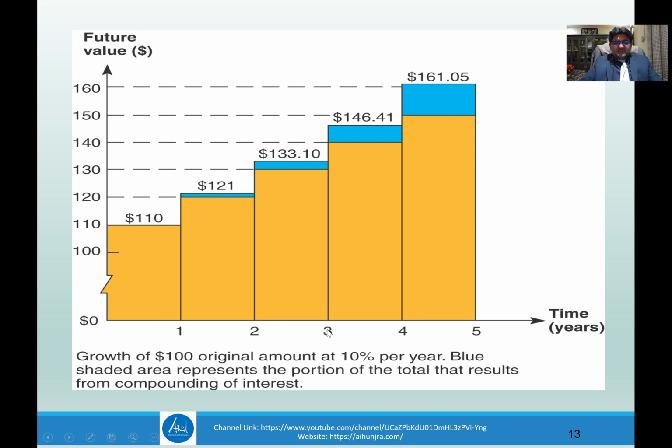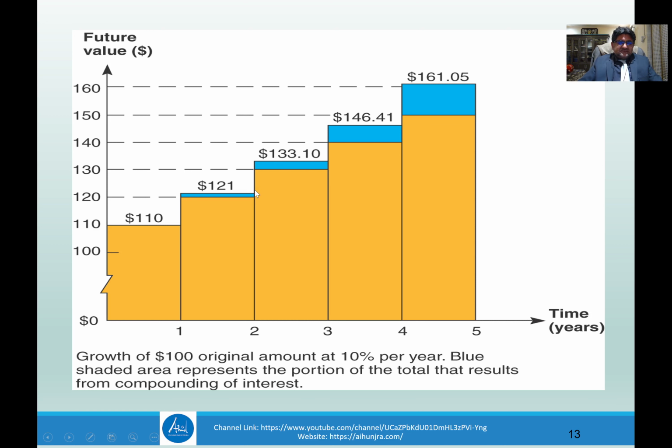Then in the third year, the value at simple interest will be 130. But with compounding, as time increases, the proportion of compounding increases, so the future value also increases. With compounding, it equates to 133.10.